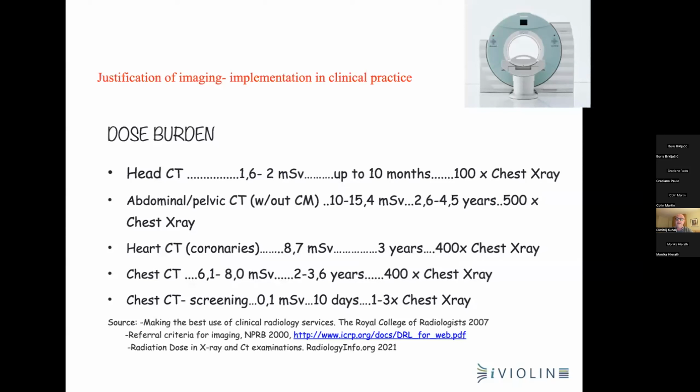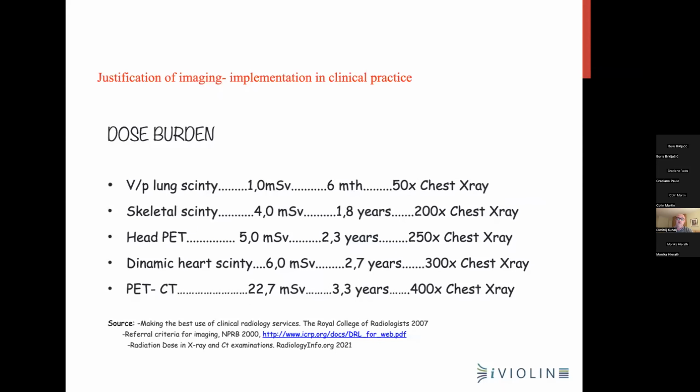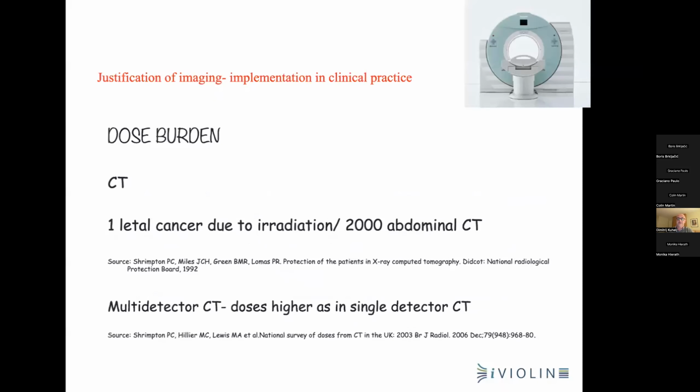On the other hand, chest CT made for screening is very much in line with chest X-rays. Of course, there are also quite considerable doses in nuclear medicine, and PET-CT, which is a combined procedure, has a dose of about 400 chest X-rays.